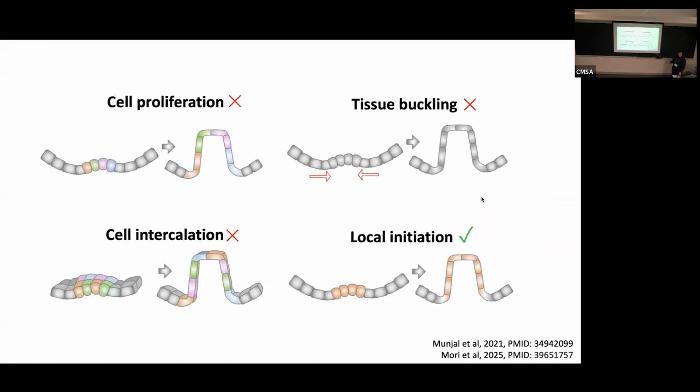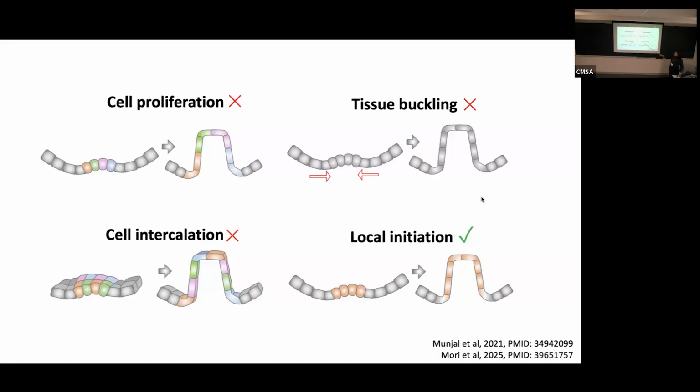So I'm going to summarize quickly the work that I did as a postdoc and one of the first studies we did in the lab, which is to ask, how is this process initiated? What's inside those buds and then the pillars?